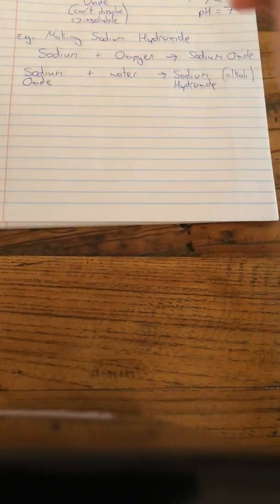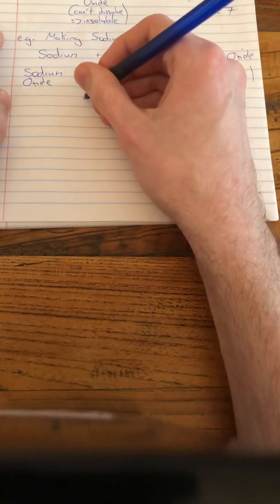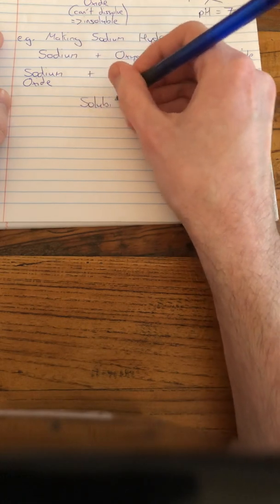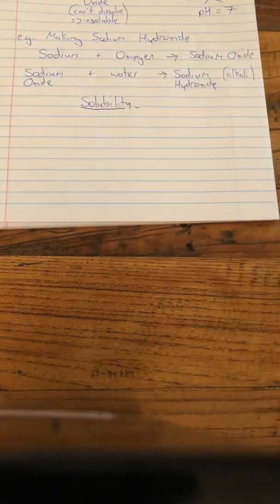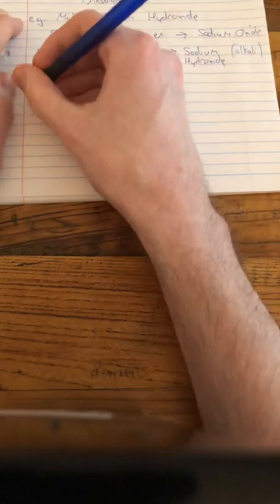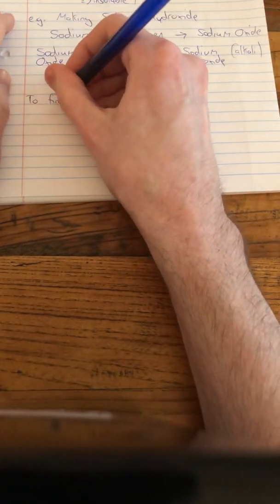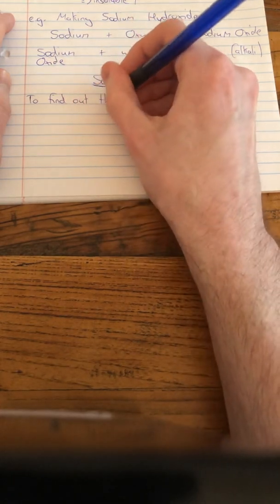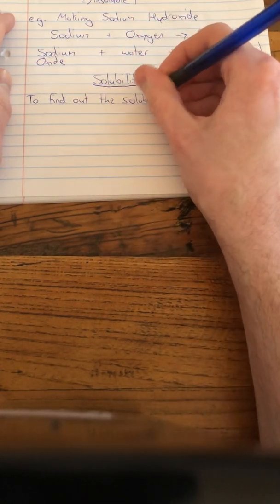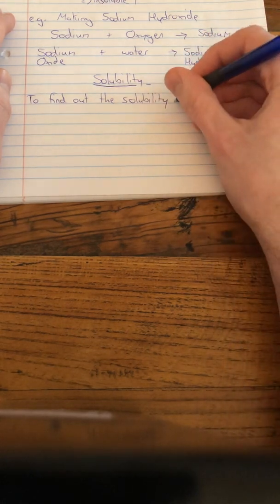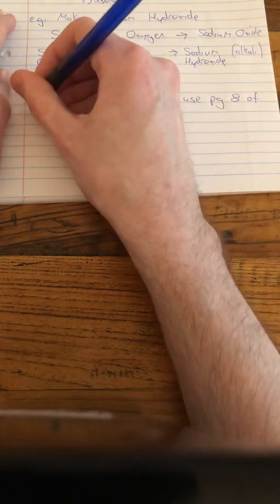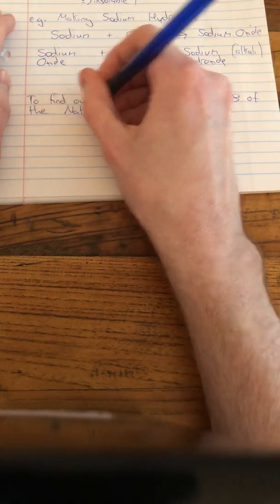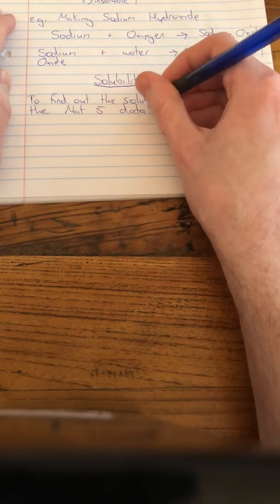Now that leads on quite nicely to solubility. How do I know which metal oxides, metal hydroxides, and metal carbonates are soluble in water? To find out the solubility, use page 8 of the Nat 5 data book.